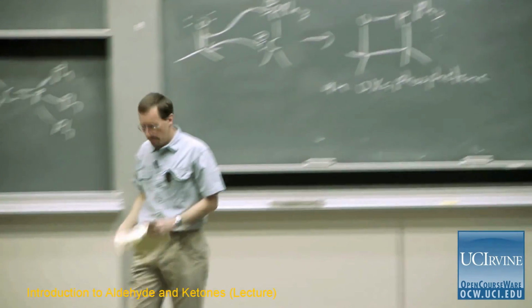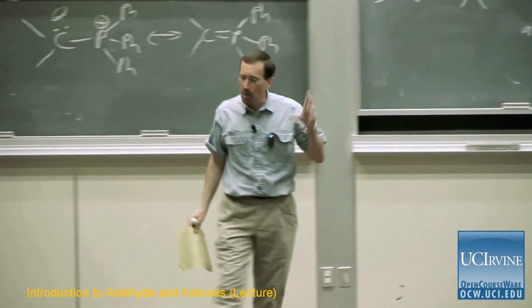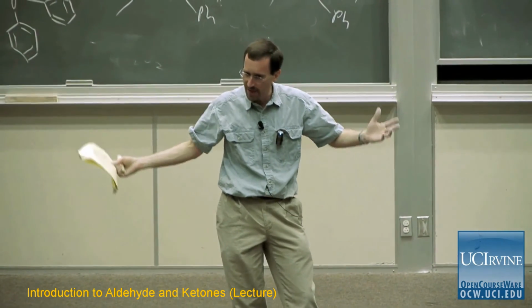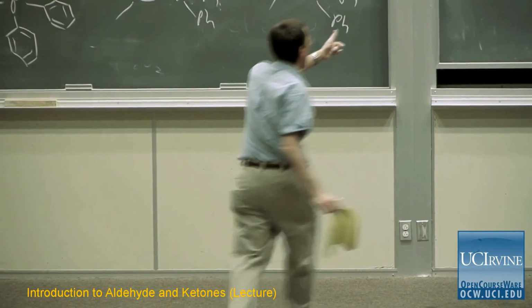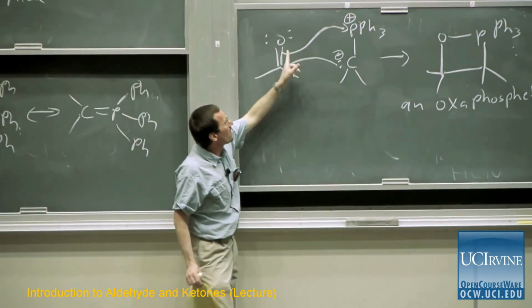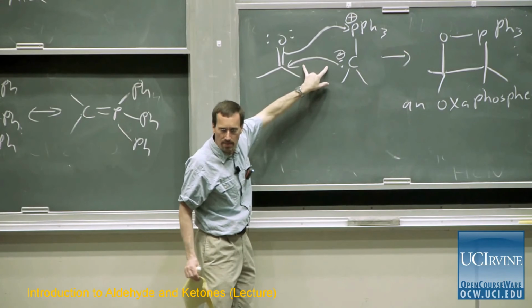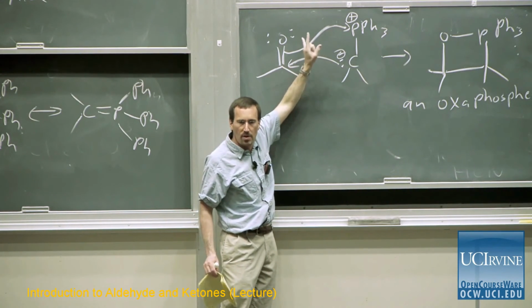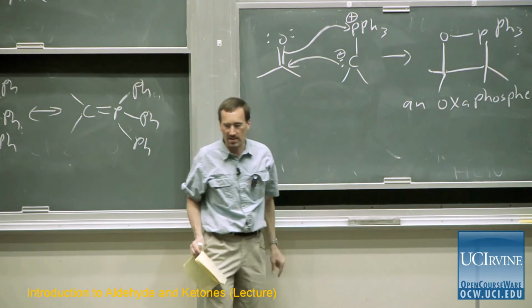It's been debated in some detail whether this reaction occurs in a concerted fashion, meaning both of these bonds are formed at the same time, or whether they form first with a carbon-carbon bond and then in a second step with an oxygen-phosphorus bond.